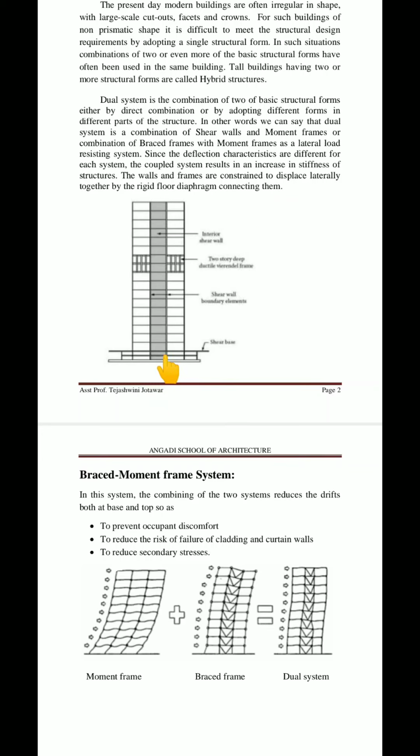Suppose this is a shear wall, and these are the moment frames. To act as one single unit, these two systems need diaphragms. Diaphragms are nothing but floor slabs, which connect the shear wall along with the moment frame so that they both act together as a single unit.